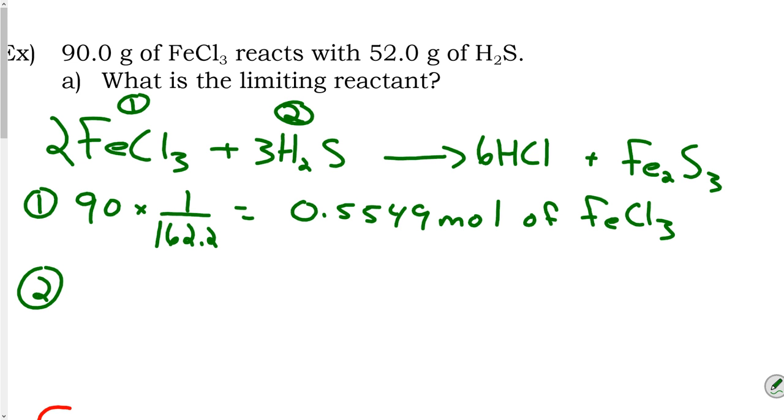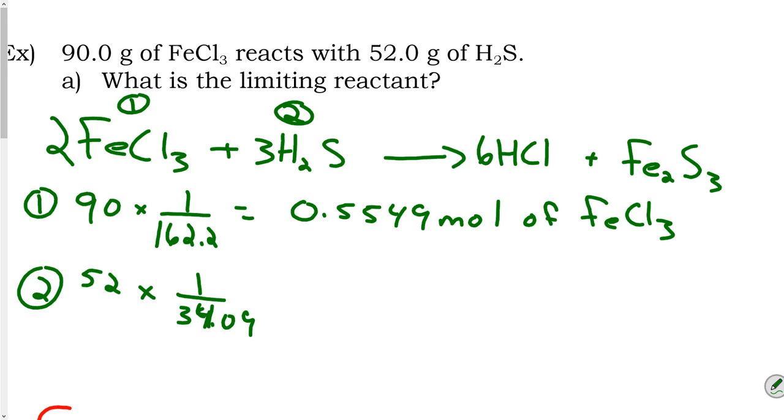Step. Now for the hydrosulfuric acid, H2S: sulfur's 32.06 plus 1.01, 2 of those. That's 34.09, by the way.